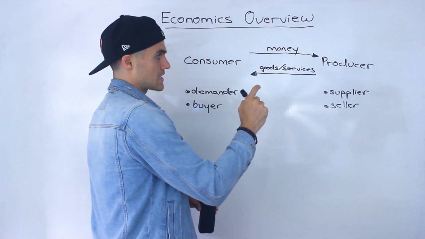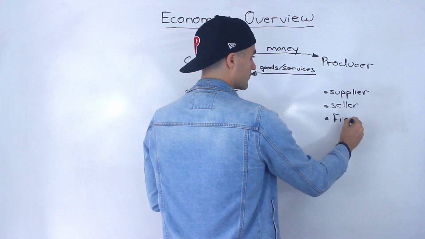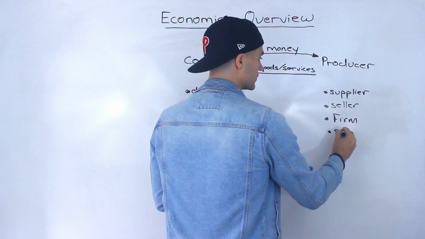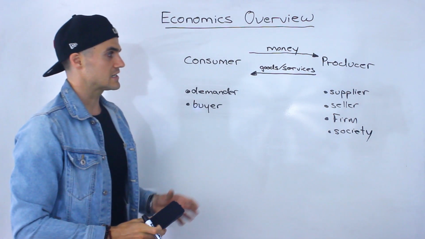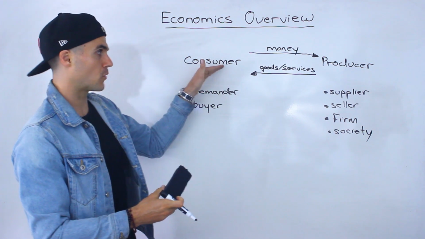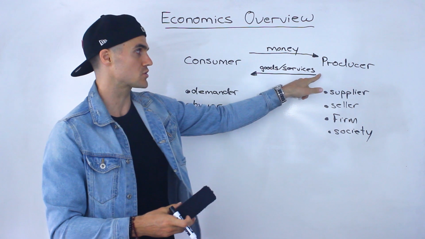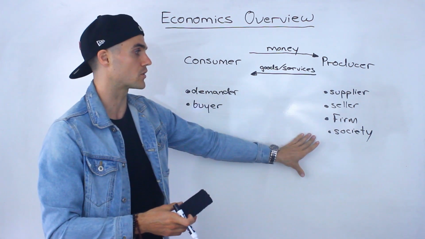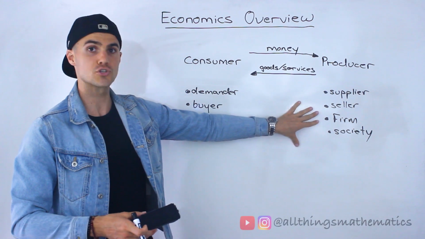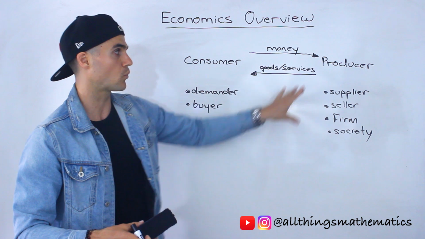A lot of times a producer will be called a firm, and even sometimes society. So you're going to see different words come up for both of these parties. I picked consumer and producer because I feel like they're the best words that encapsulate all these other words. When these other words do come up in future sections, I'm going to mention where they fall.